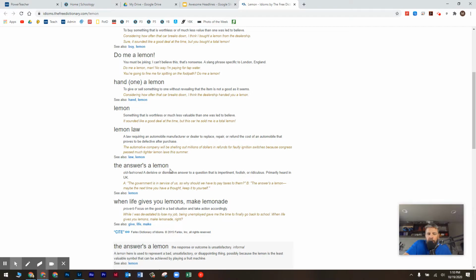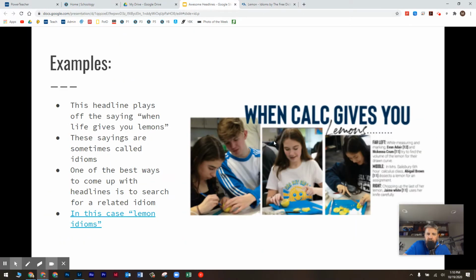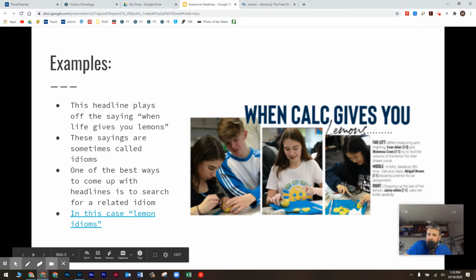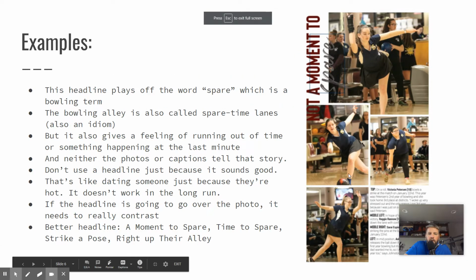So the person who made this headline probably could have gotten away with just saying "when life gives you lemons," but she did "when calc gives you lemons," because this is about an AP calculus class, I want to say. Or maybe just regular calculus, but it's a calculus lab about lemons. And I love the cleverness there of "when calc gives you lemons." Very well done.